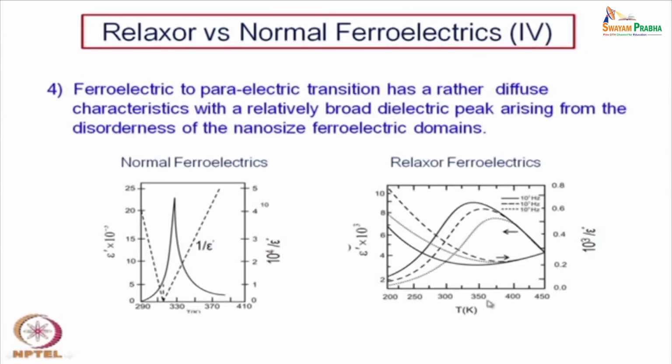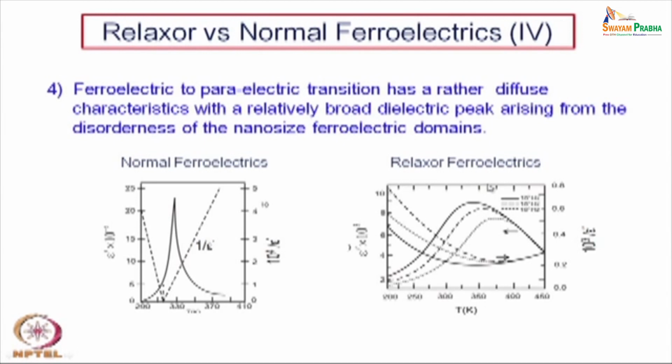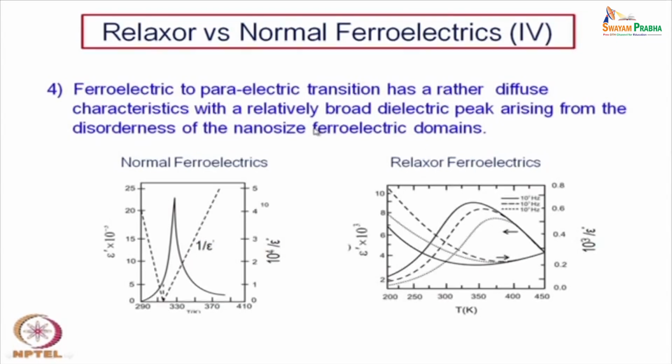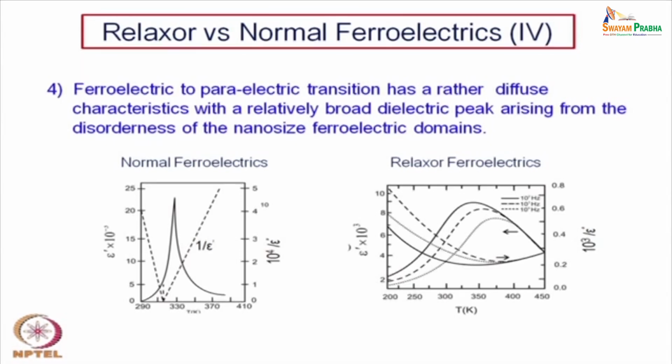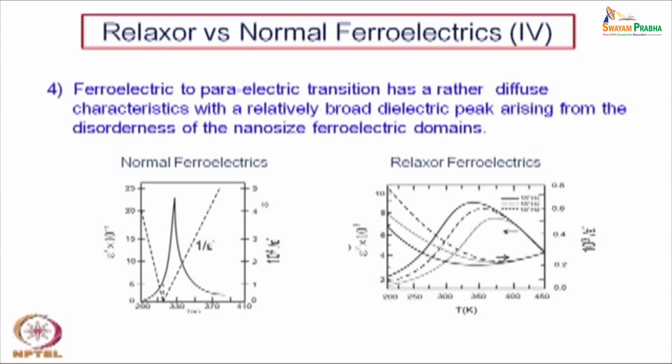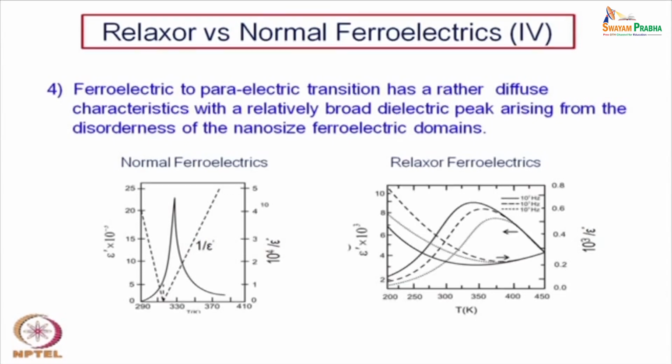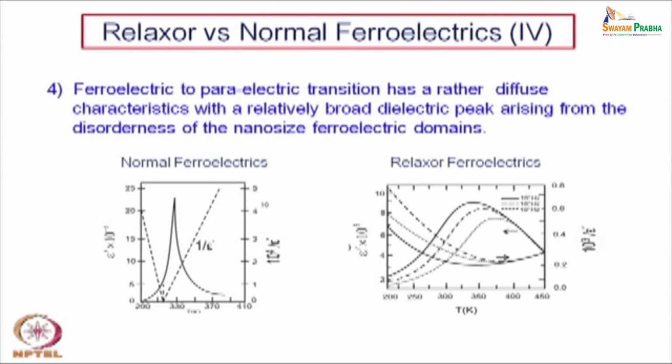One reason, a simplified way to look at it, why this kind of broad peak appears is that there are nano-size domains, much smaller compared to normal ferroelectrics, and these have some kind of disordered structure.